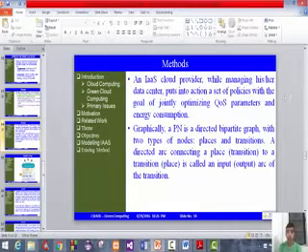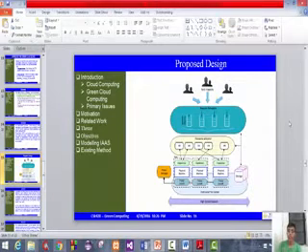The proposed design of this system is: we have an IaaS, infrastructure as a service, request where a customer requests a particular scheduling. Then the scheduling will include the service classes, and the resources will be allocated to them via VMs.